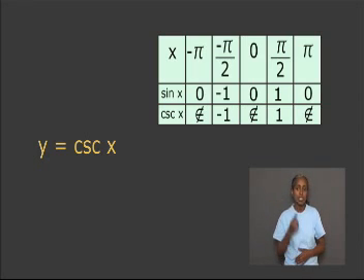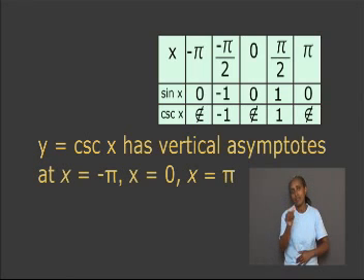For each value of sine that is 0, the inverse function is undefined. This means that the graph of y equals cosecant x has vertical asymptotes at x equals negative pi, x equals 0, x equals pi, and so on.